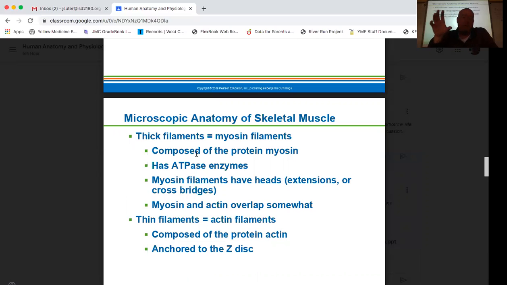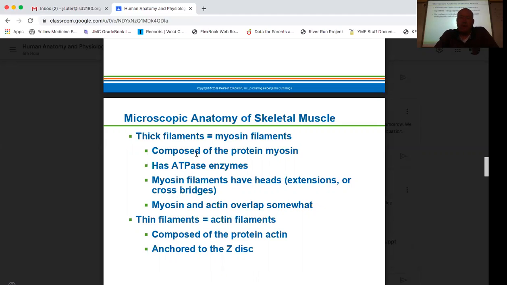The myosin filaments have these big old heads on them, and they're going to be the things that actually do the contractile twitch of the muscle cell. And we'll talk about the heads of the myosin in much more detail tomorrow. Thin filaments are actin. They're composed of proteins as well.